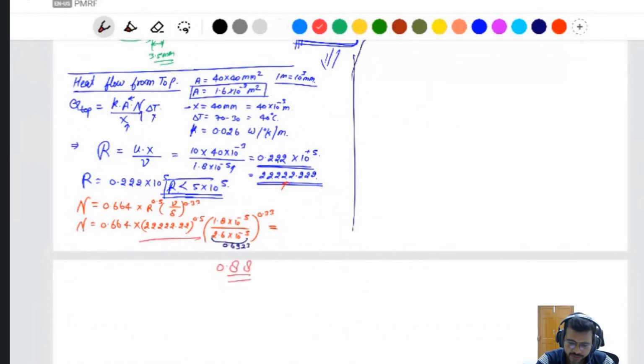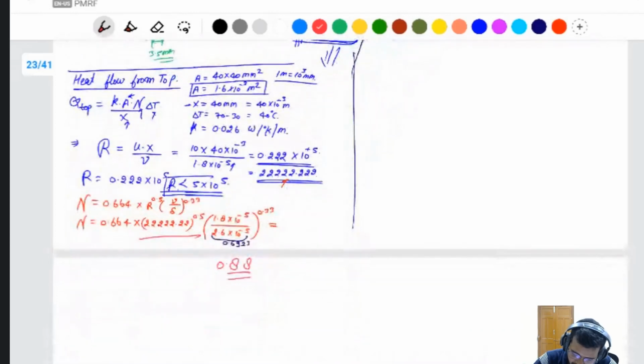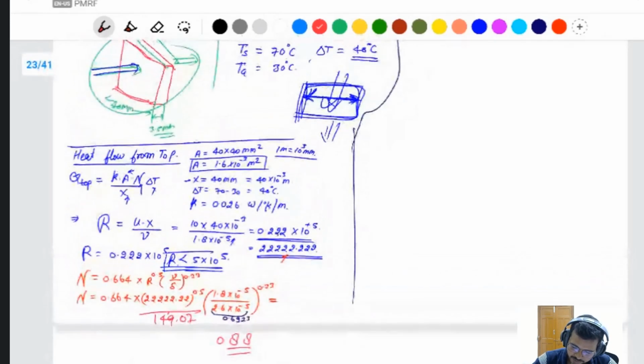Then what is this one? 2 to the power 0.5, that is 149.07.